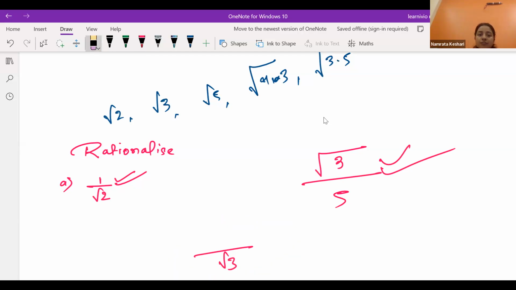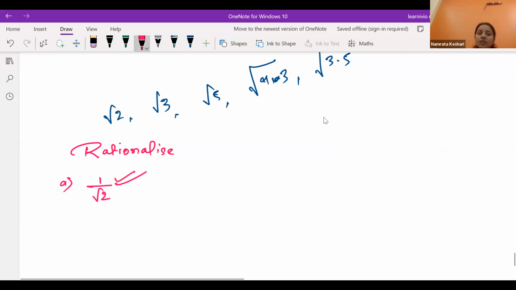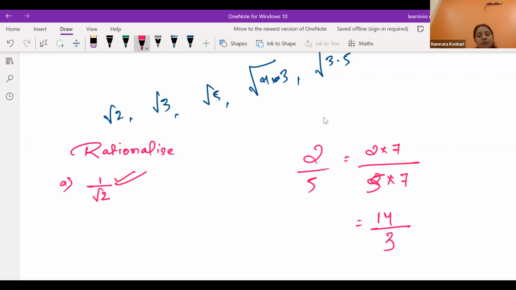Suppose we have a fraction 2 by 5, and we multiply the same number in the numerator and the same number in the denominator. You understand that we are not changing the fraction, right? These two are equivalent fractions, right? Yes, ma'am.